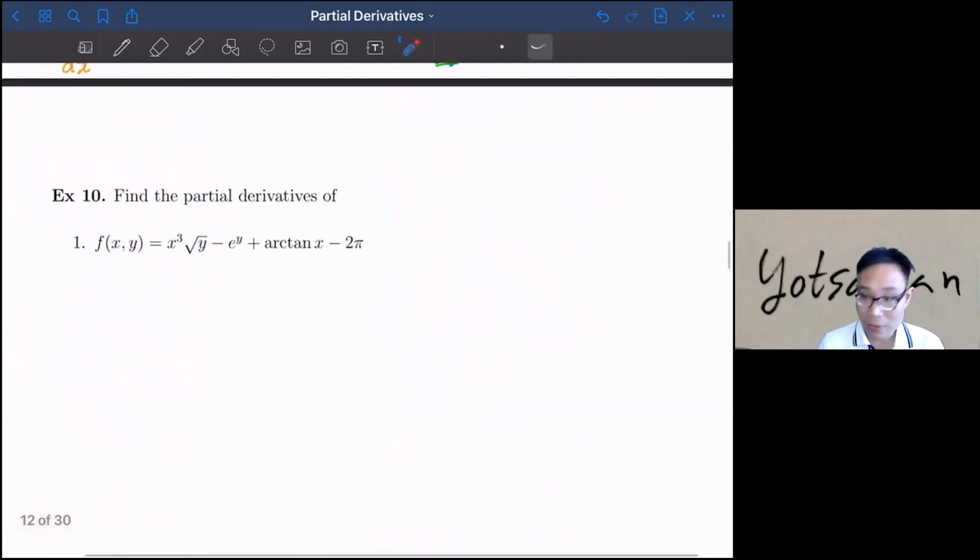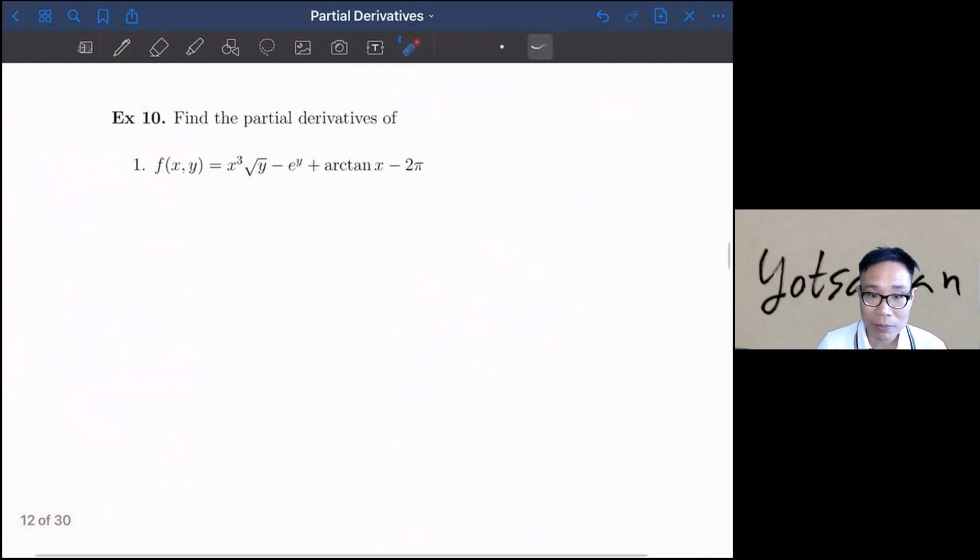So I'm going to begin showing you example 10. In example 10, we're going to find partial derivatives, and like I mentioned earlier, this is always plural. You're going to find the derivative with respect to x and the derivative with respect to y, and you see that it's a sum of two functions like this.